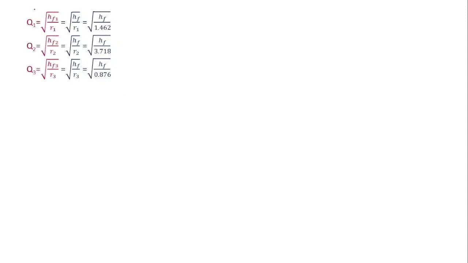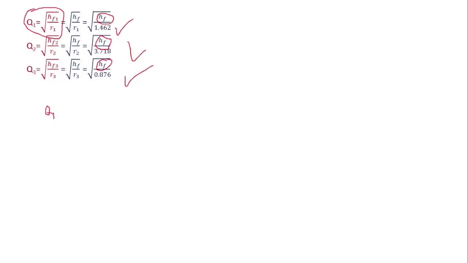Again by this equation we calculate Q1, Q2 and Q3. Since HF is unknown, so we keep this value as HF. So we need another equation to solve for the value of HF.